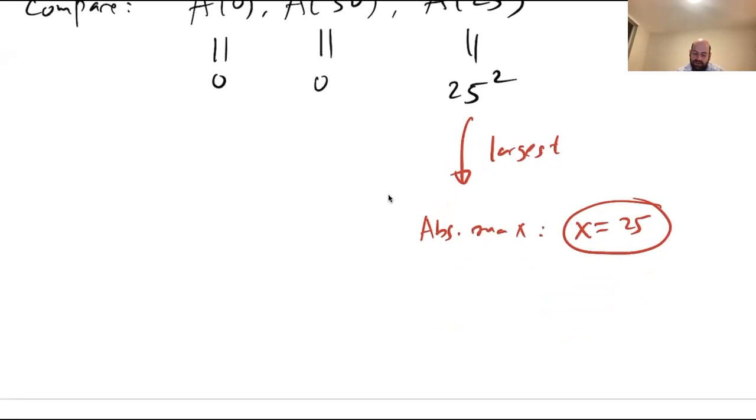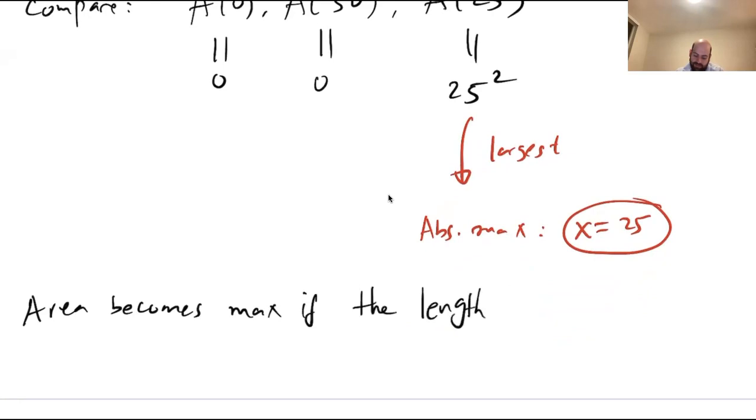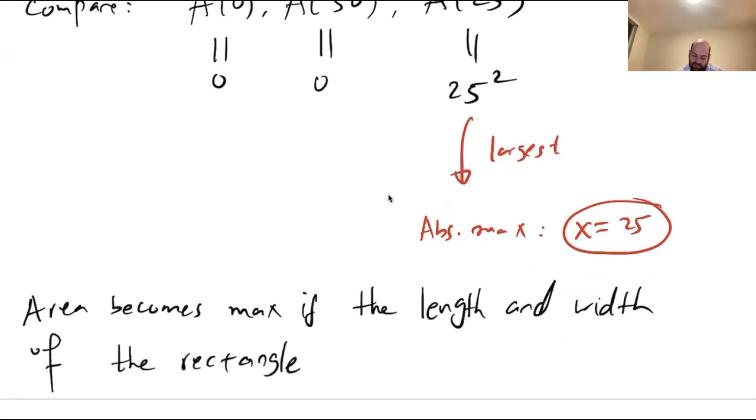Well, that's it. So the area becomes maximum if the length and width of the rectangle are, x is 25.